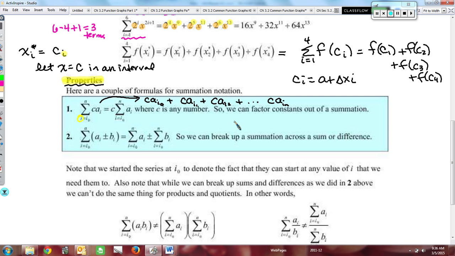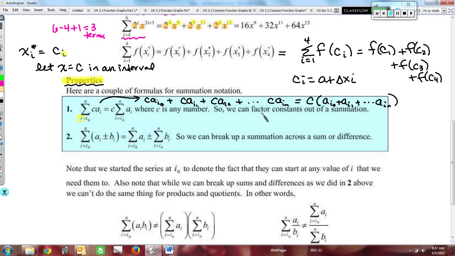And notice the properties of algebra from Algebra 1: you now have a constant in each term that you are summing. So I can factor it out and have the terms a sub I 0 plus a sub I 1 plus all the way a sub I n. And so now I have c times a sum, and that's what we're saying here. So we can factor constants out of a summation, just like you can factor them out of a limit, just like we can factor them out of a derivative.